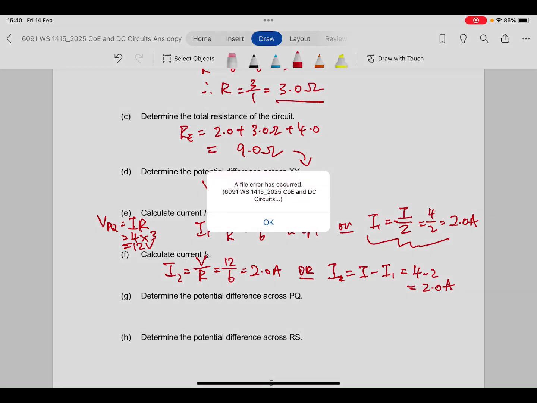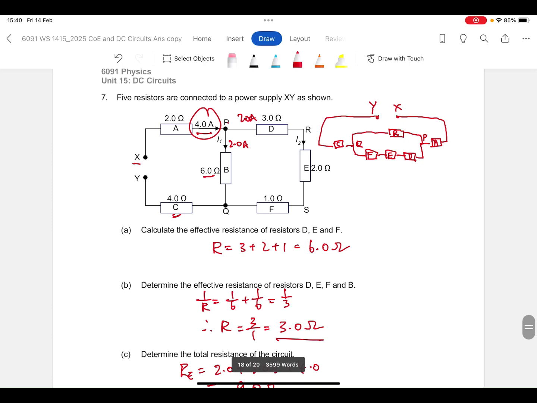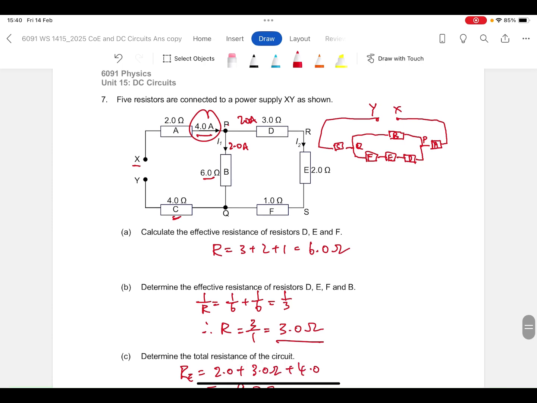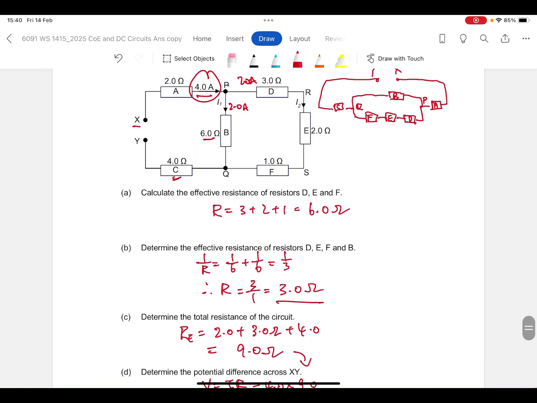Then find the potential difference across PQ. I already found it here. It's 12 volts. Then the potential difference across RS.